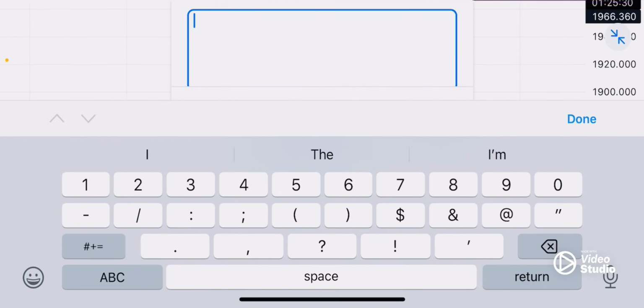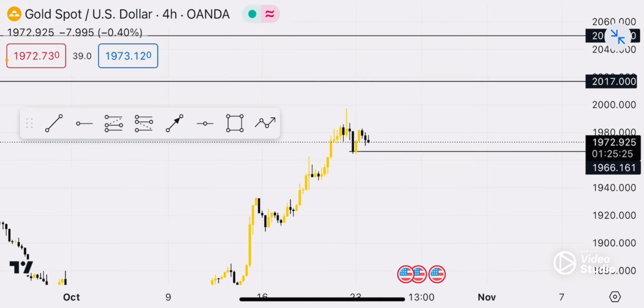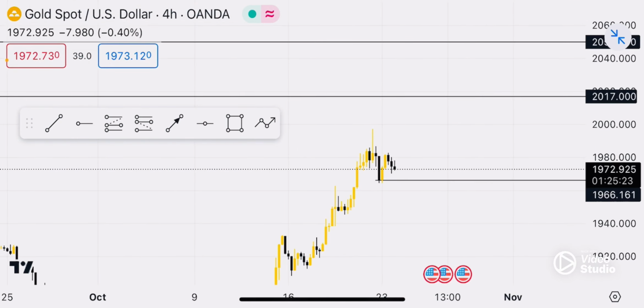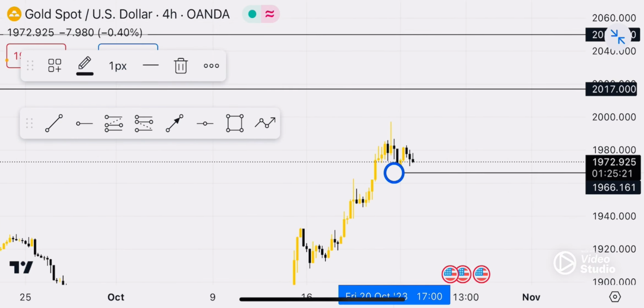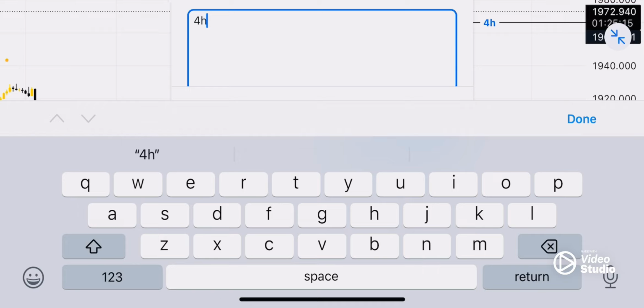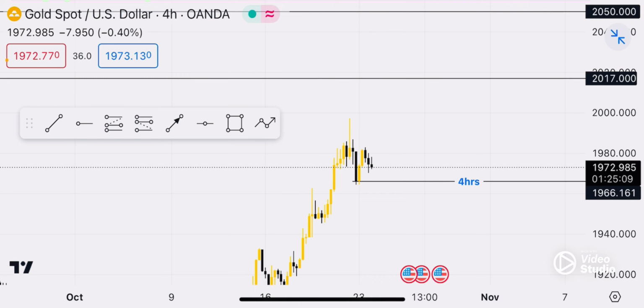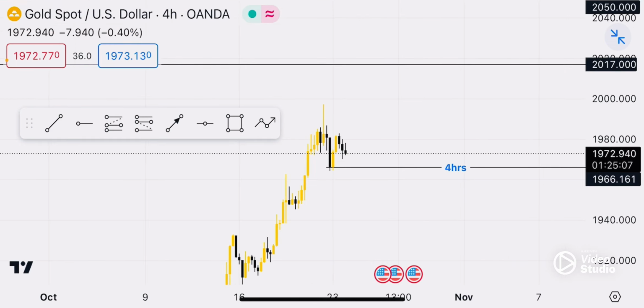I'll mark it as H4. We're looking for a retest of this zone on the 4 hours level. That's actually what we're looking for, and then we're going to boom to this.